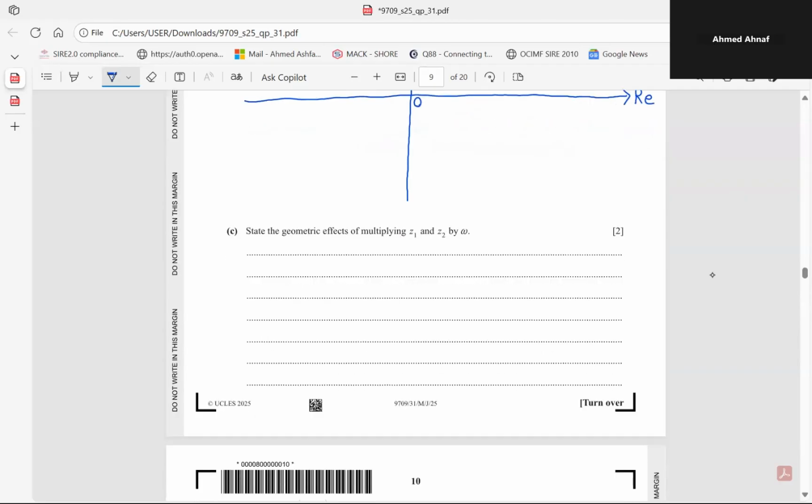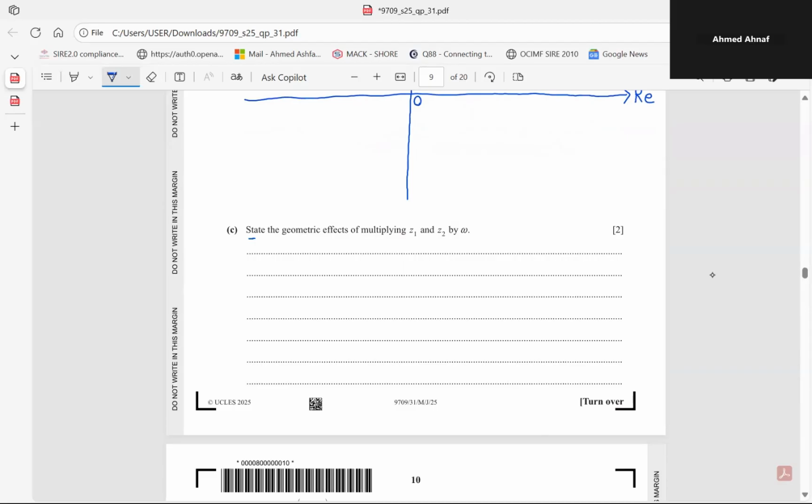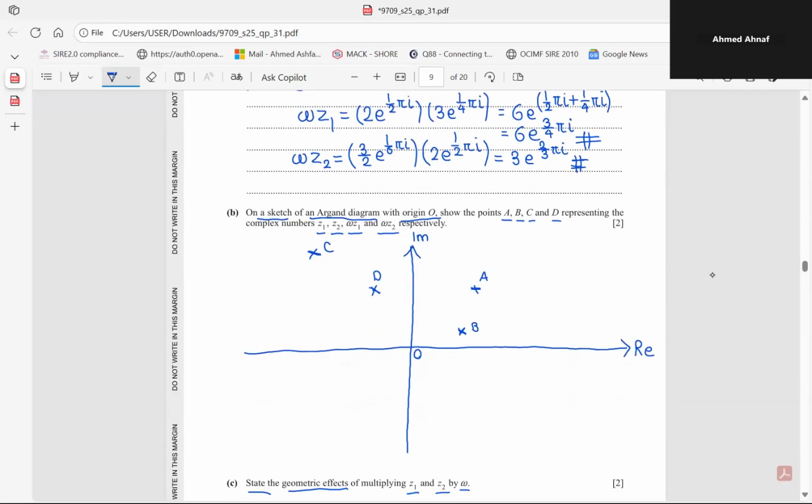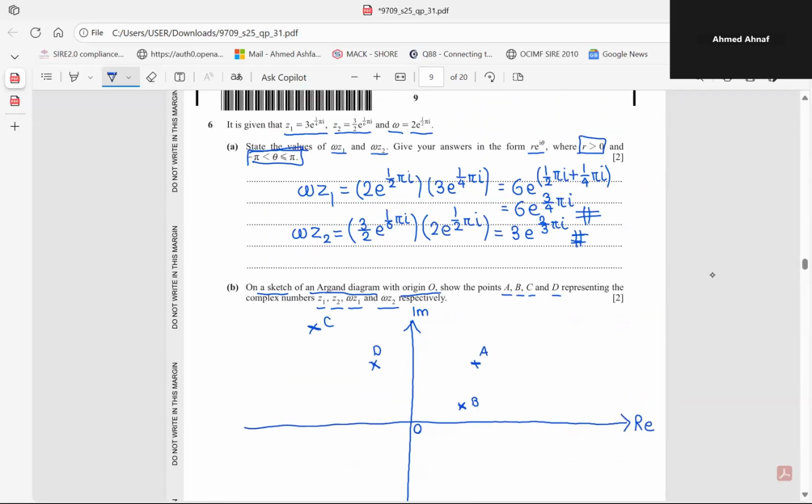Okay, so now we have to state the geometric effects of multiplying Z1 and Z2 by omega. From what we can see, by multiplying both of them with omega, the modulus is increased by 2 times because we multiplied the modulus by 2 for each complex number.